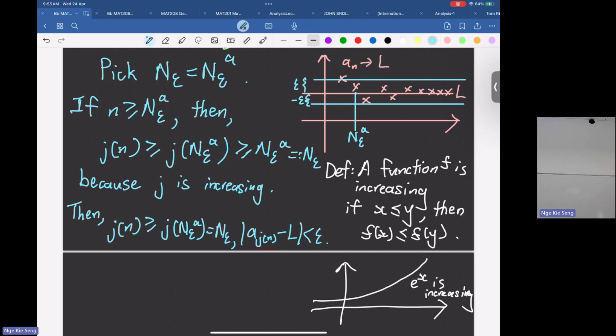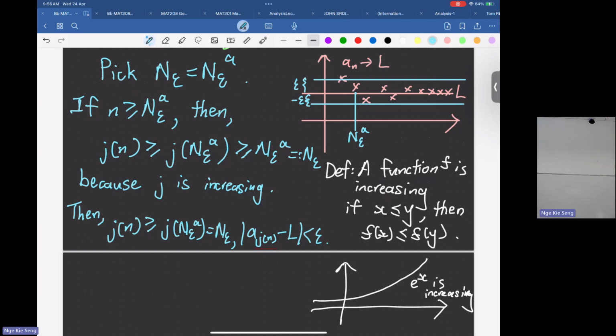If you are seeing this proof for the first time, you tend to repeat what we did before. What we did before is rewrite this as some an and put n here instead of Jn. But this is just a label here, so we could label it like this.